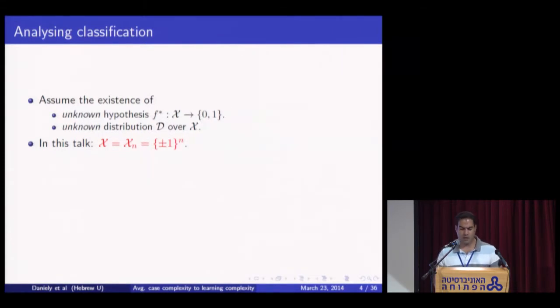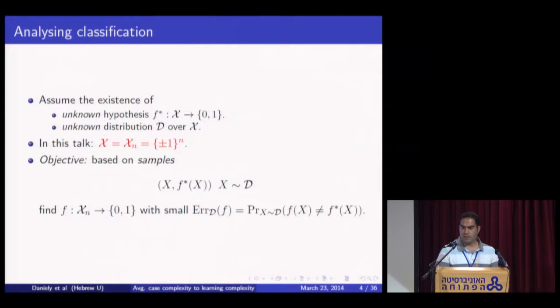In this talk, we'll confine ourselves to the case where the instance space is the Boolean cube in n dimensions, and n will be our complexity parameter. We want the algorithms to be polynomial in n. Okay, so the objective in classification is, based on samples of the form (x, f star of x), where x is sampled from D, to find a function from X to {0,1} with a small error.